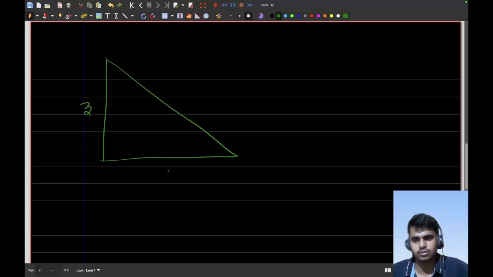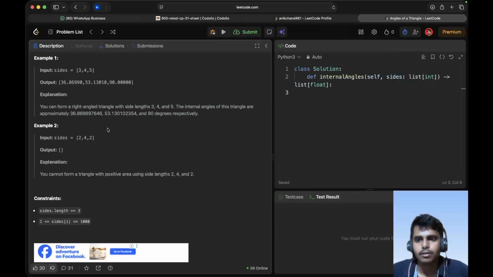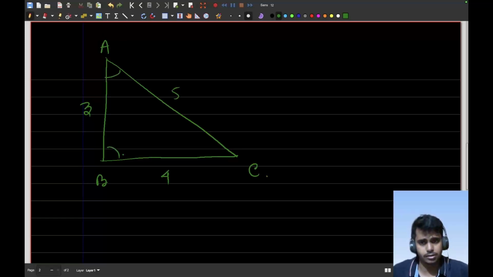This is 3, this is 4, then this is 5, with vertices A, B, C. And you have to tell the angles of the triangle.